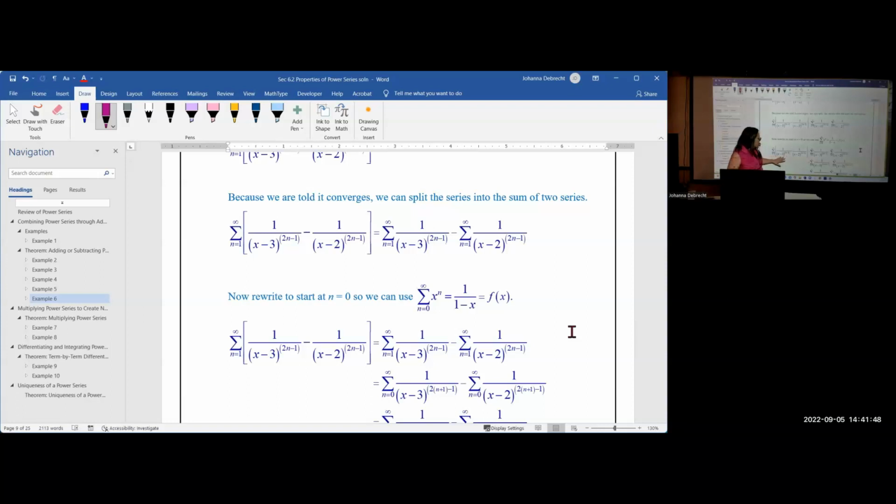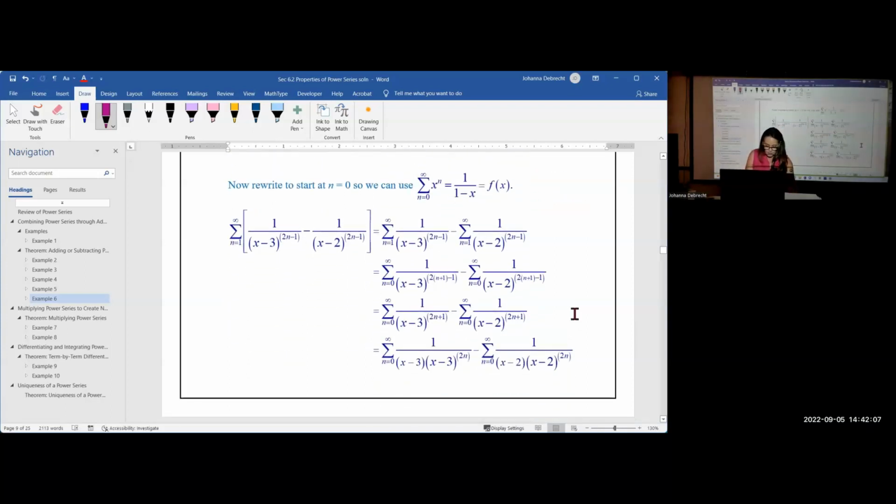To rewrite it, I'm going to have to back the lower index of summation up by 1, subtract 1 here. So to compensate, I have to replace all the n's with n plus 1. When I do that, you can see that work over here on the right. When I made this start at 0, my n's became n plus 1s.